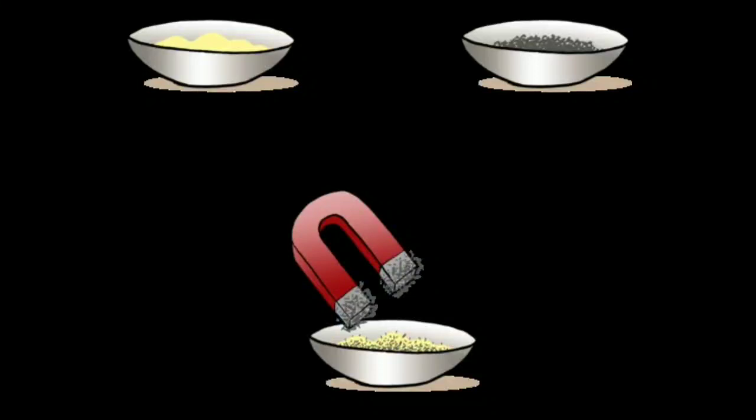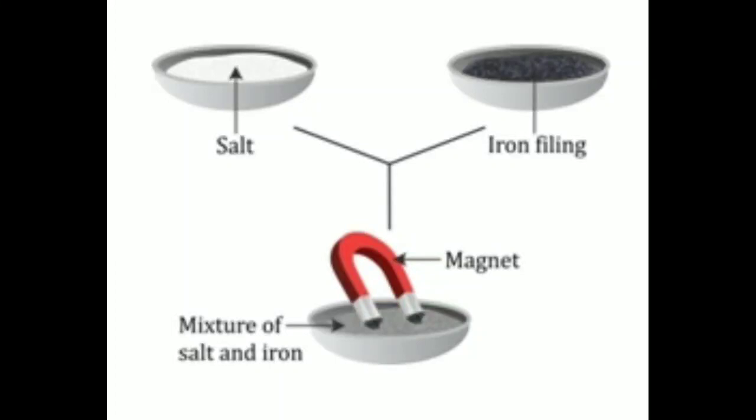For example, a mixture of iron filings and sulfur powder can be separated by using a magnet. This is because iron filings are attracted by a magnet and stick to it, but sulfur is not attracted by a magnet. So this will become more clear from the following discussion.